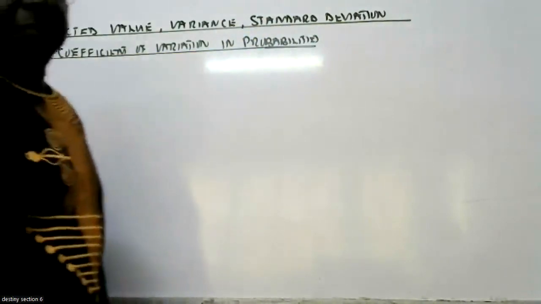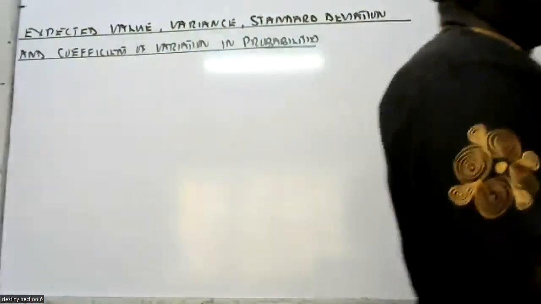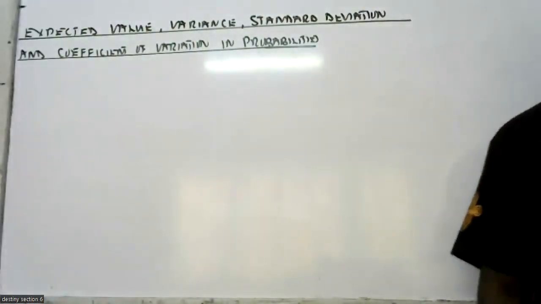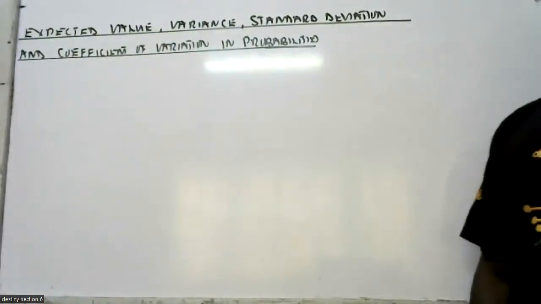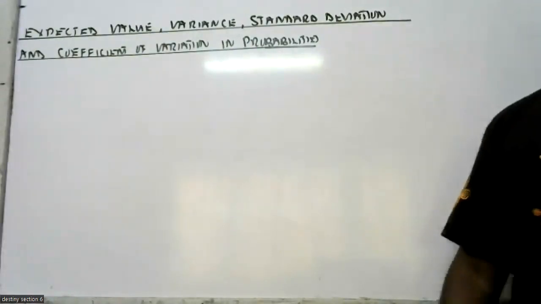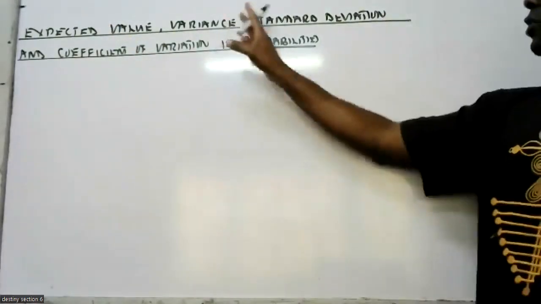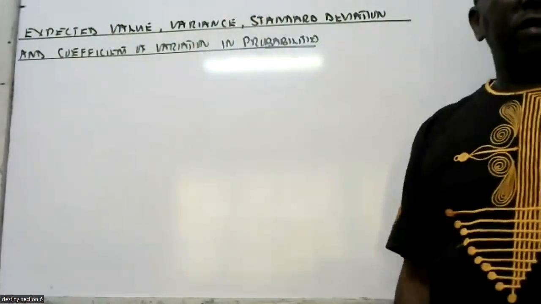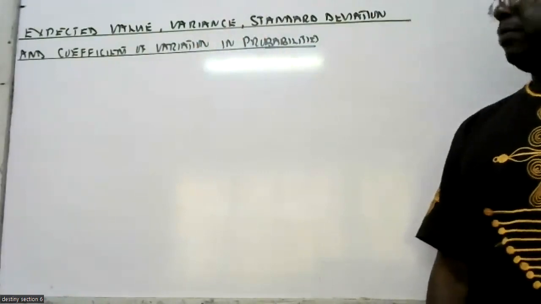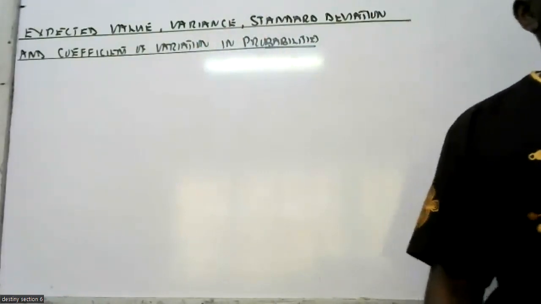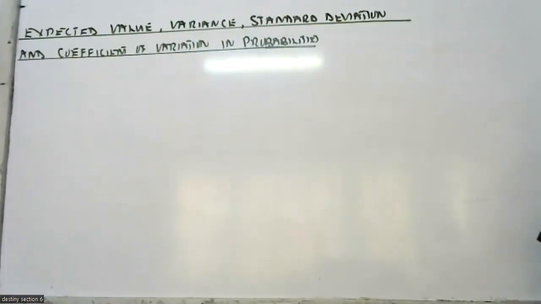So, when we looked at descriptive statistics, we came across these measures. The measure of central tendency, which was the mean, the measures of variation, these ones, and we gave the formulas that are used when the data is grouped and when the data is ungrouped.